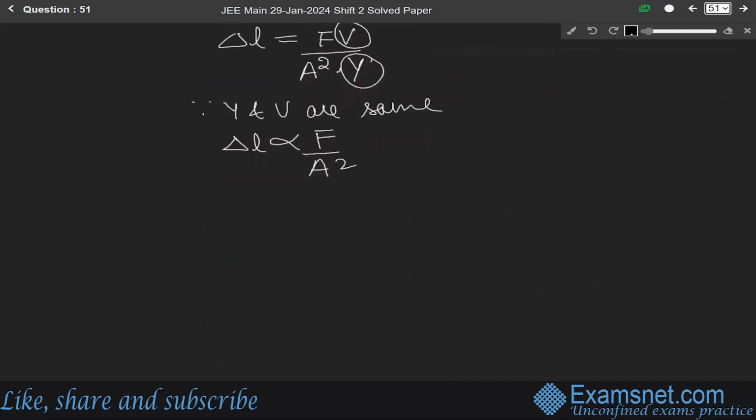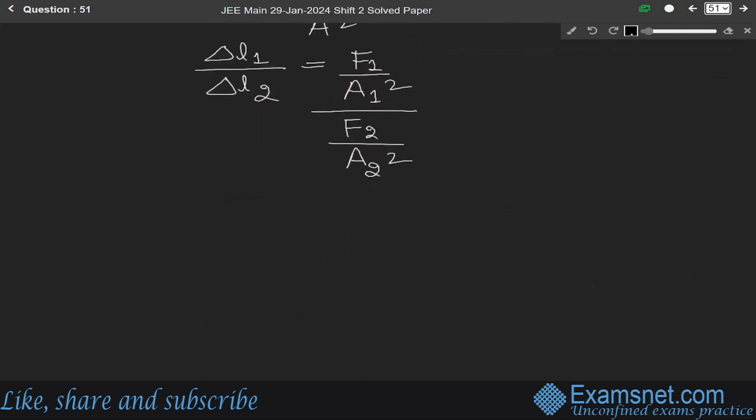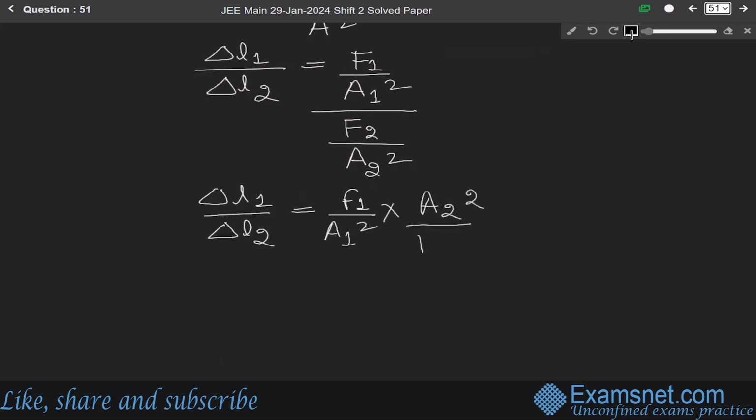So delta L1 over delta L2 will be equal to F1 over A1 square over F2 over A2 square. It means delta L1 over delta L2 equals F1 over A1 square into A2 square over F2.